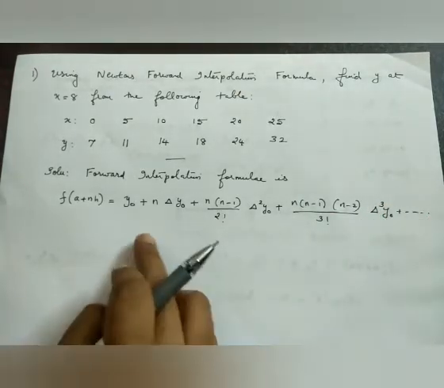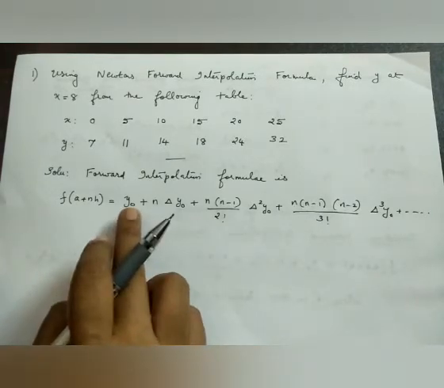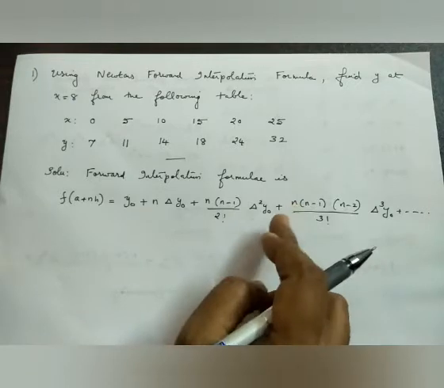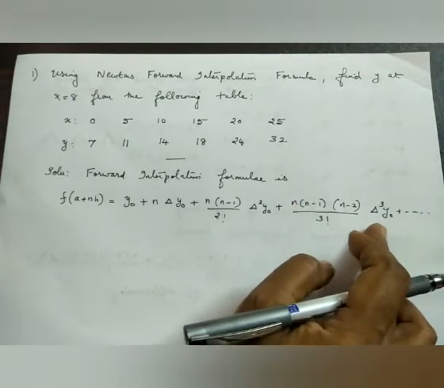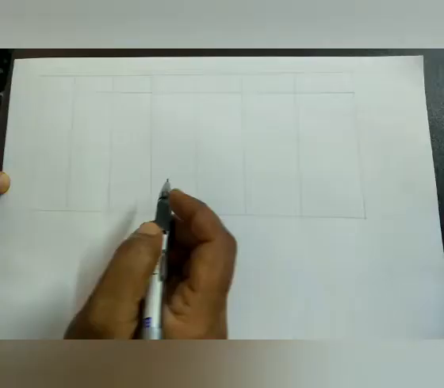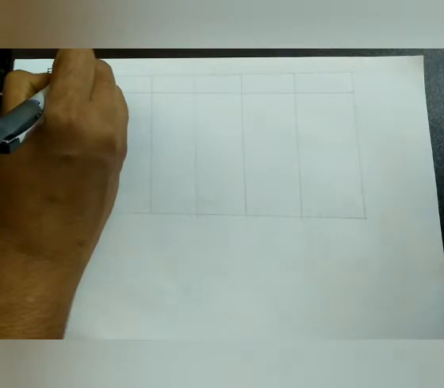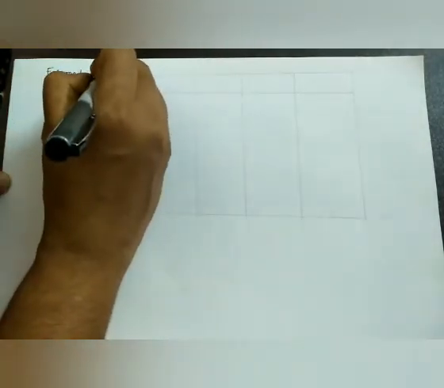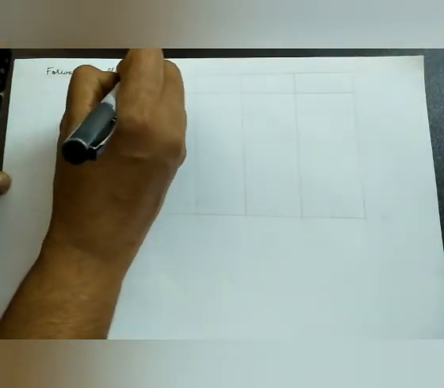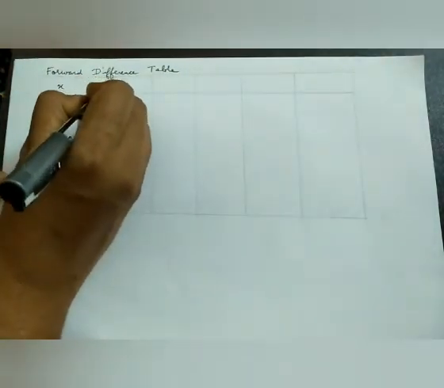First of all, we have to draw a forward difference table, then find out the values of delta y naught, delta square y naught, delta cube y naught, etc. Next we have the forward difference table. We can form the forward difference table by using the values of x and y.